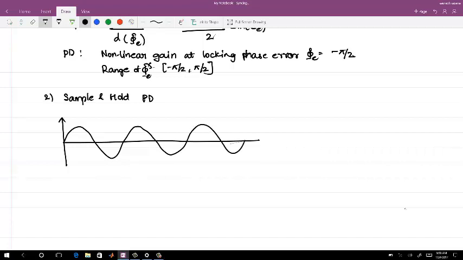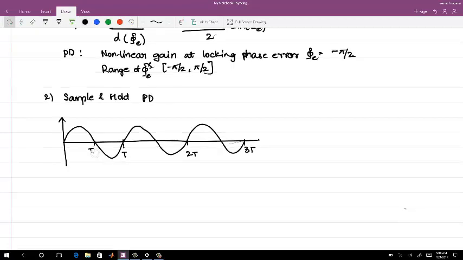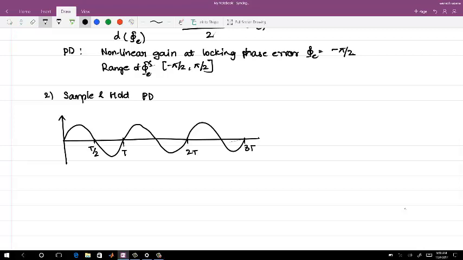Let me mark this as t, 2t, 3t, and this is t by 2, 5t by 2 and so on. Let's say this is the input sine wave V in.